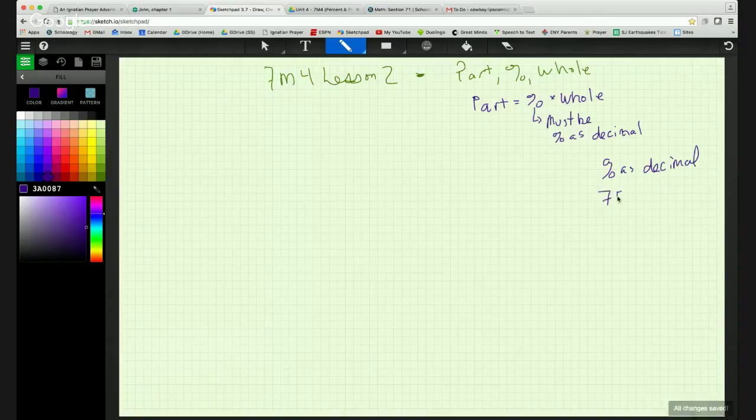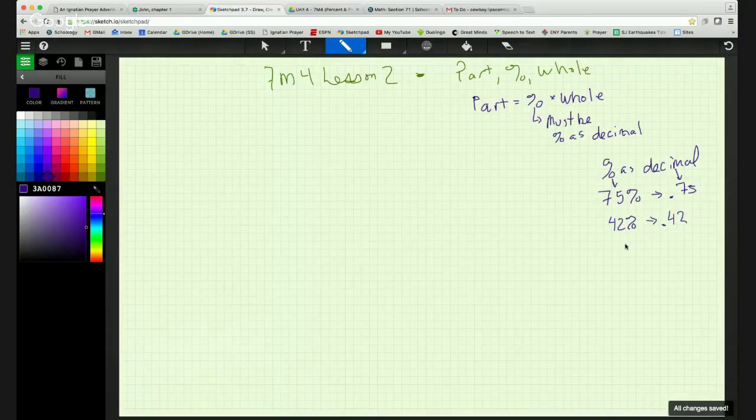So if we say 75%, that's 0.75 as a decimal. We're moving that decimal 2 places to the left, so 75% is 0.75. Similarly, 42% is 0.42.